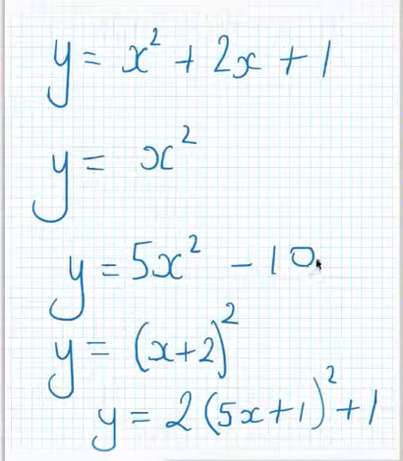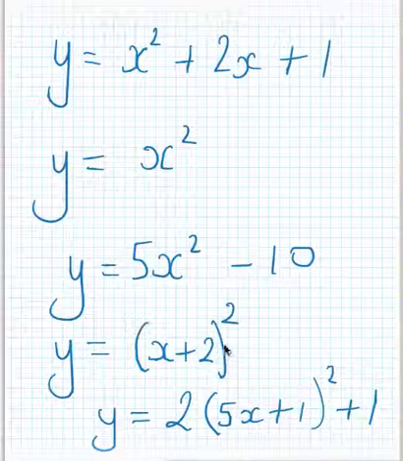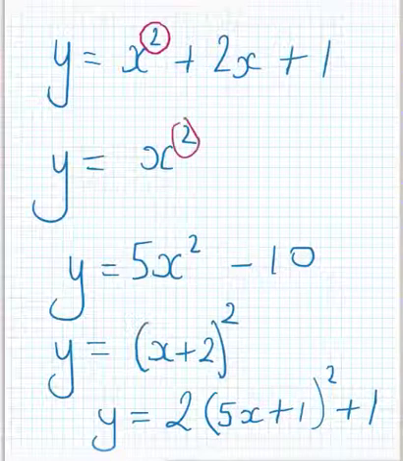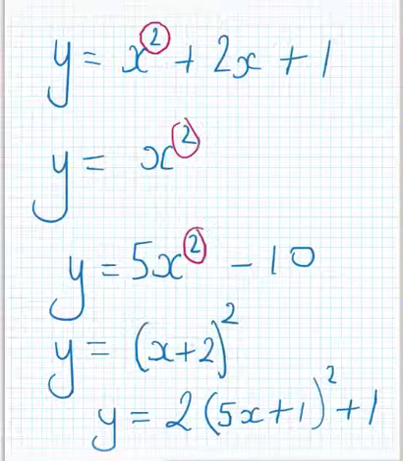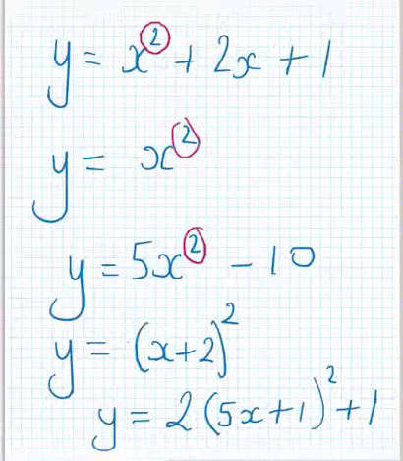Now, if you have a look at all these equations, they are all quadratic equations. And the reason is the highest power of the variable x has to be 2. Okay, so we've got an x squared there, an x squared here, there's an x squared here. Now, with these ones here, we know there are brackets and a squared.